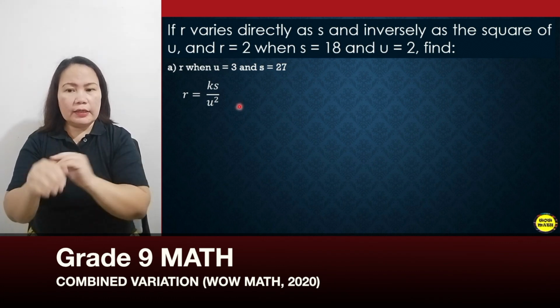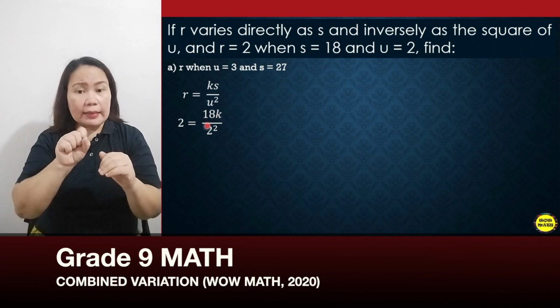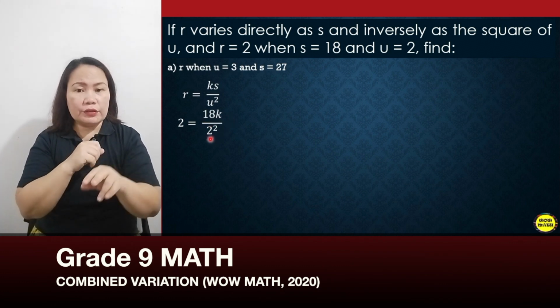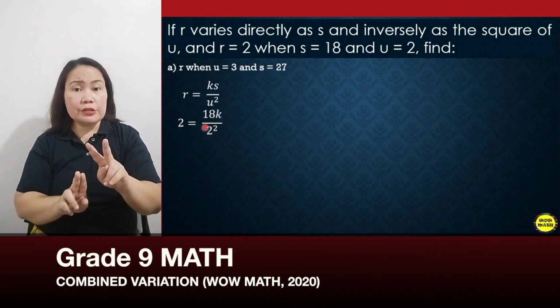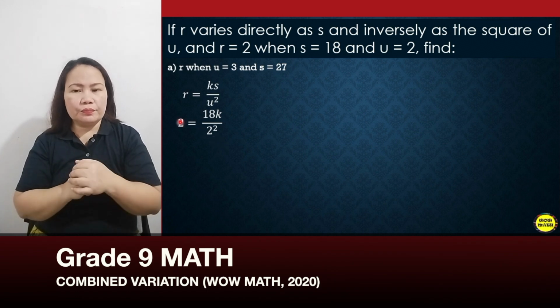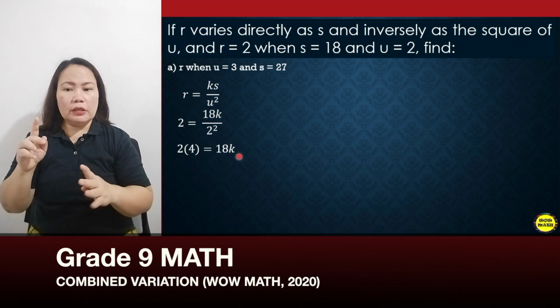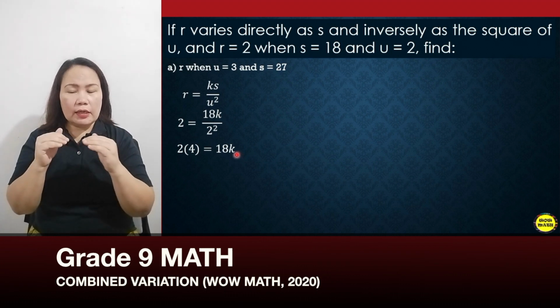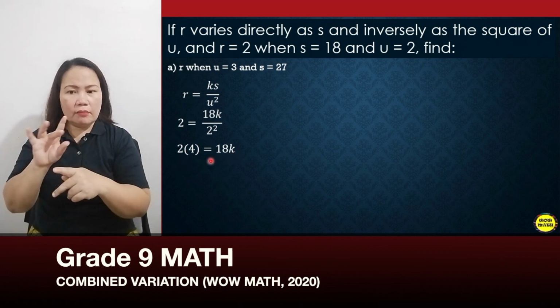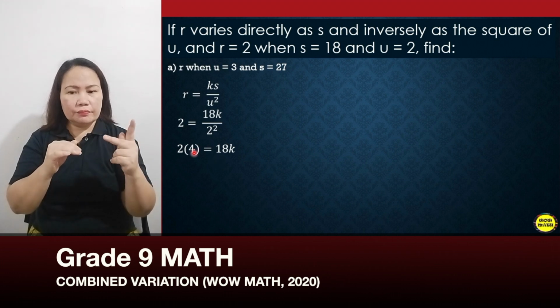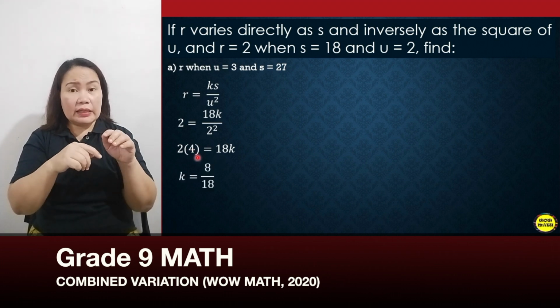So that is 2 equals 18k over 2 squared. And 2 squared is 4, then multiply by 2. So 2 times 4 equals 18k. To solve for k or for the constant of variation, divide both sides by 18. And that 2 times 4, that is 8.